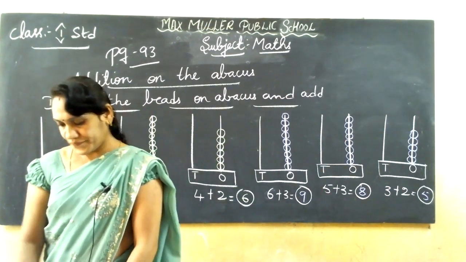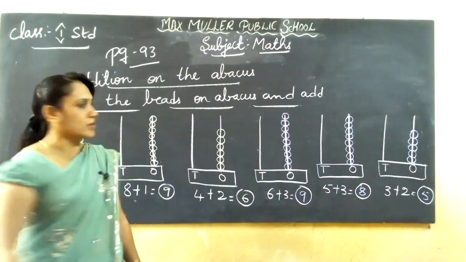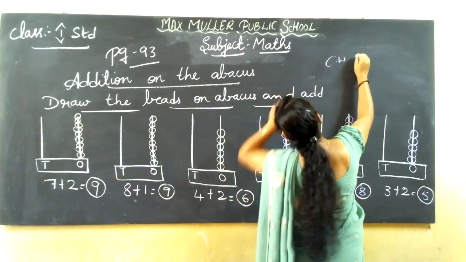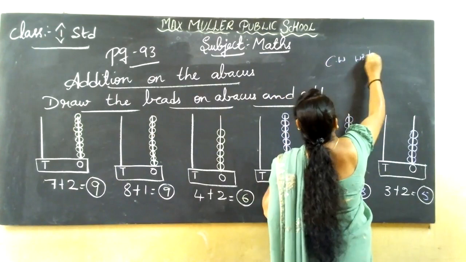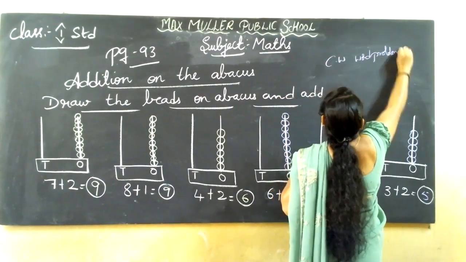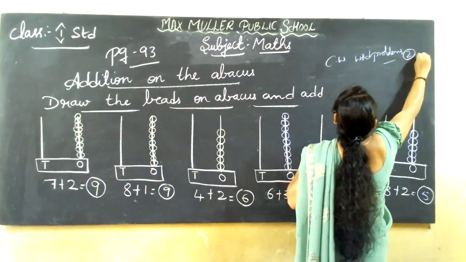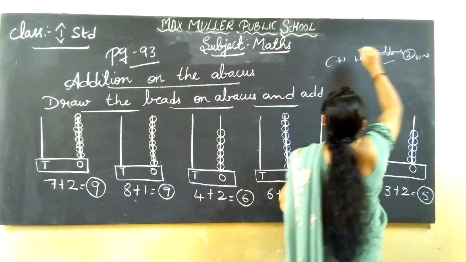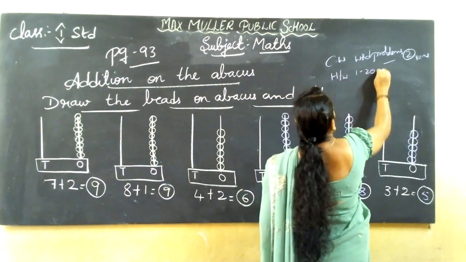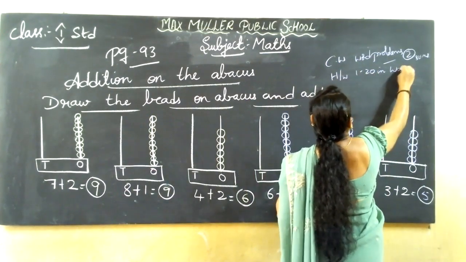So first, what did we give in today's class? First, I gave classwork. In the classwork book, what did I give? Word problems, 2 sums. That one you should complete. This is what I did today. Homework I gave: 1 to 20 to write in words.